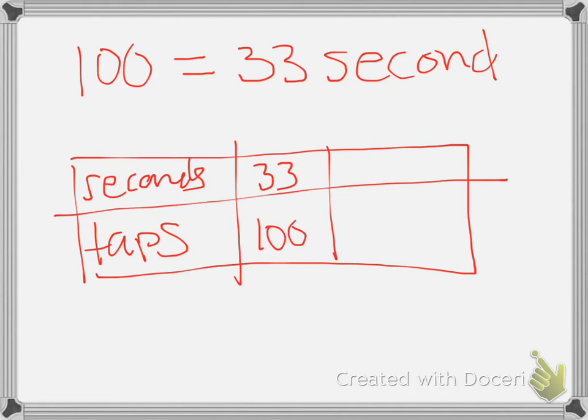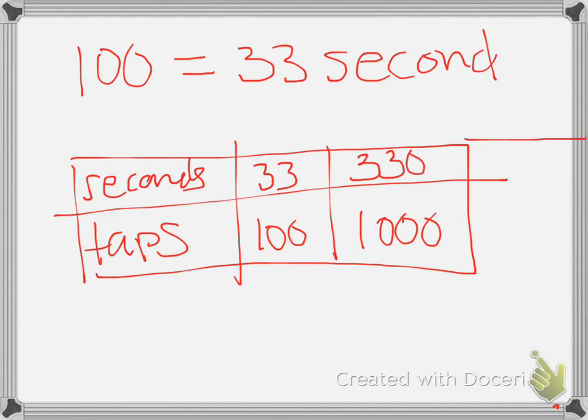But if I use what Maya did, and I multiplied it by 10, 100 times 10 is 1,000. And 33 times 10 is 330.